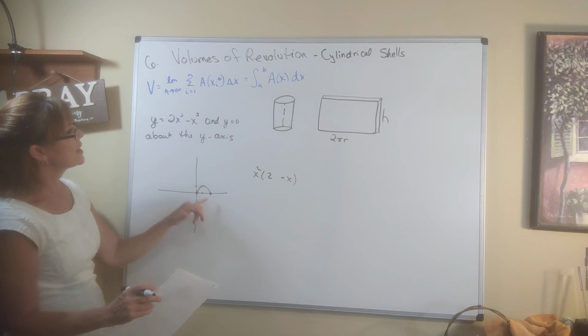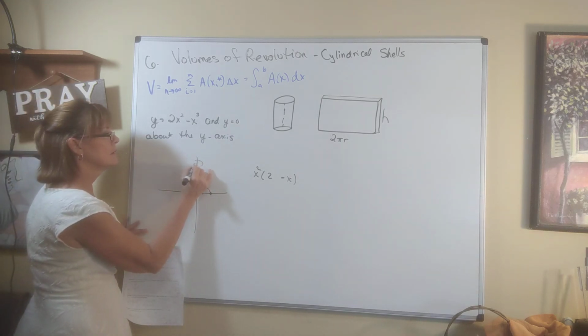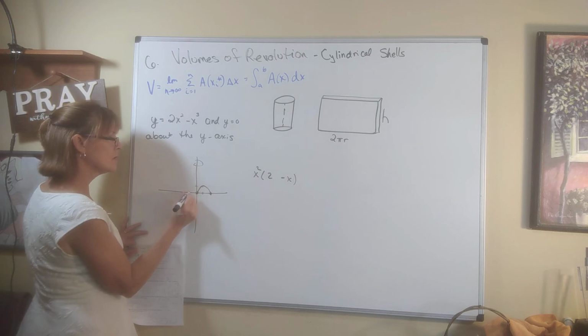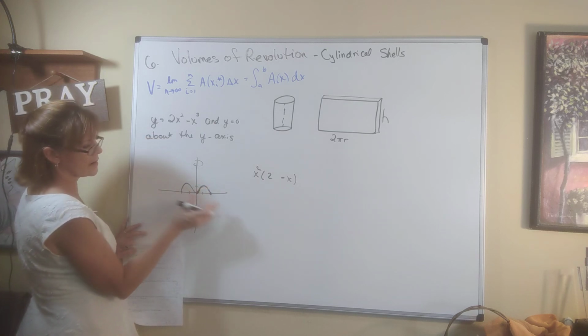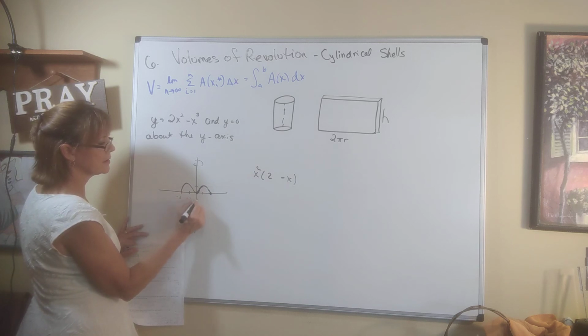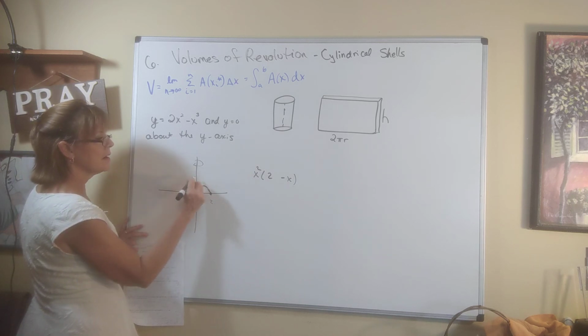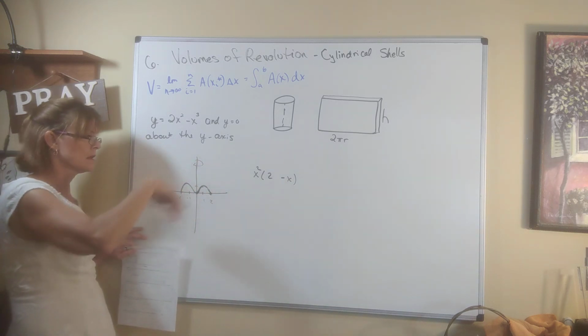And then I need to rotate this about the y-axis. So whatever it's doing in here, I think it looks like this. This is the area I have to calculate. So this is -2, -1, 0, 1, and 2. So it's rotating here.